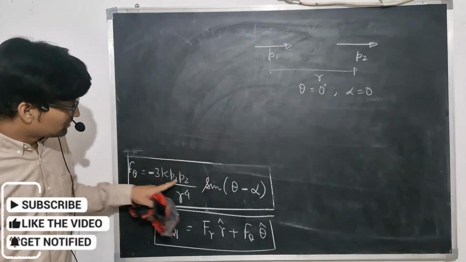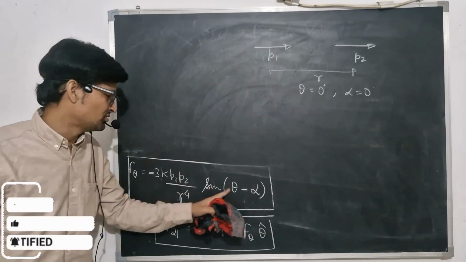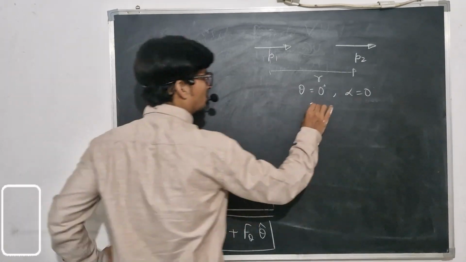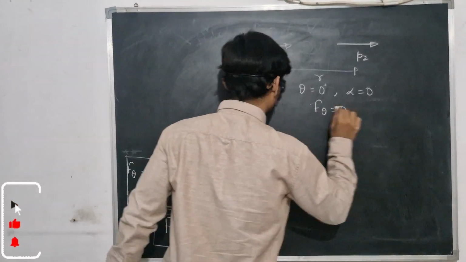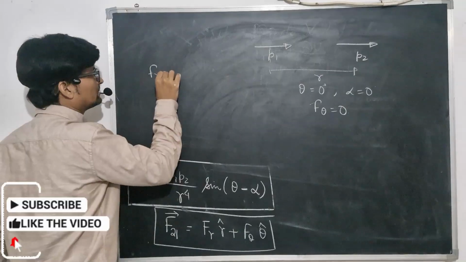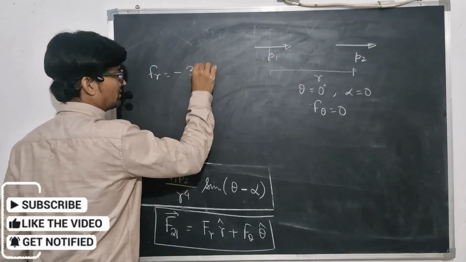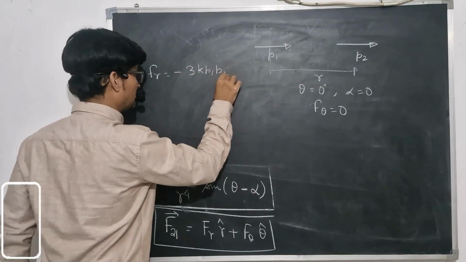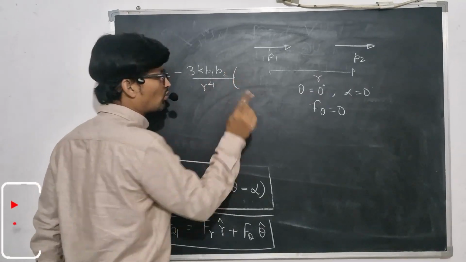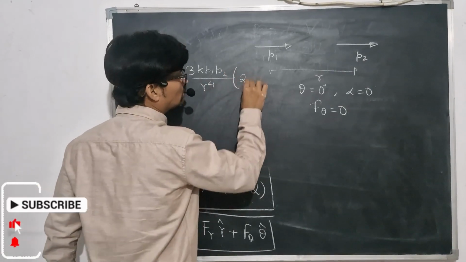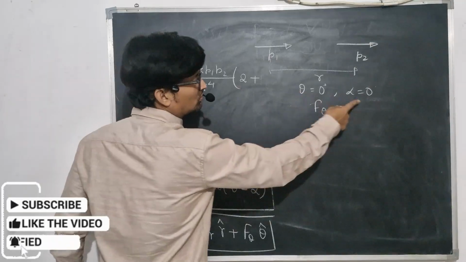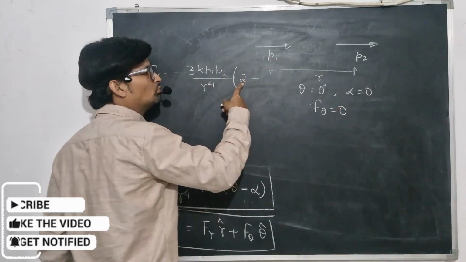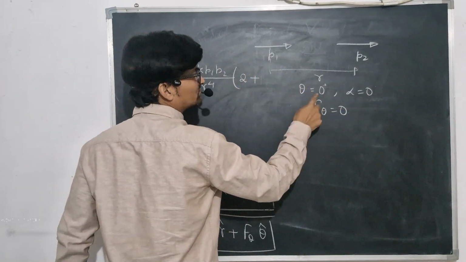So sine of theta minus alpha is sine 0, which is 0, so f theta comes out to be 0. And what is your f r? In that formula, you put minus 3k p1 p2 by r power 4 into 2 cos theta cos alpha, which is 2 cos 0 cos 0, that is 2, plus sine theta sine alpha, sine 0 sine 0, which is 0.